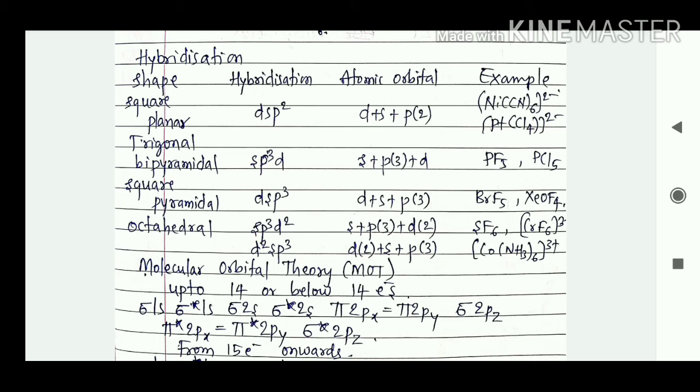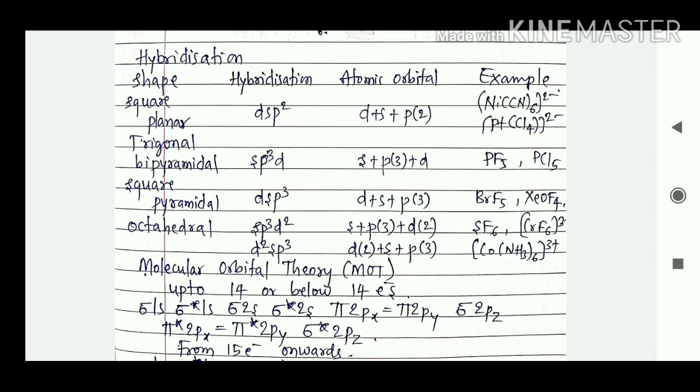We'll consider the next one, sp3d. This is known as trigonal bipyramidal. The best examples for this one are PF5 or PCl5. Then we'll consider dsp3. The shape is square pyramidal.